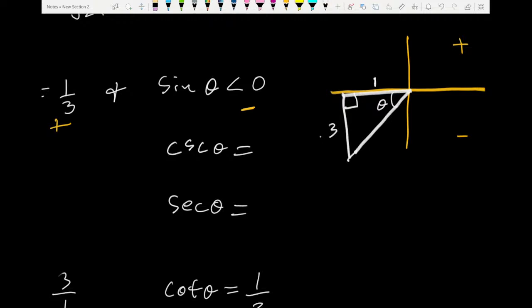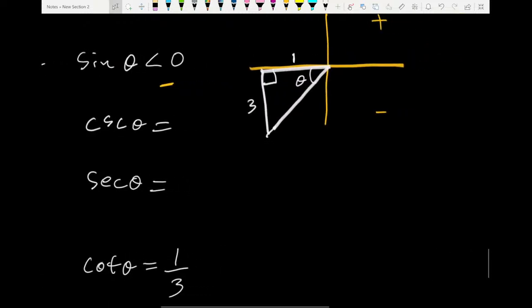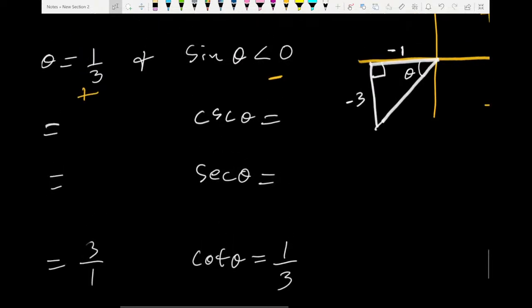Now we have a problem, opposite over adjacent. Look at the x and the y value. y is negative, x is negative over there. And it makes sense because negative over negative is positive, and that's how we get this positive answer.